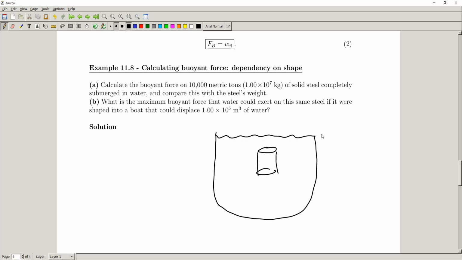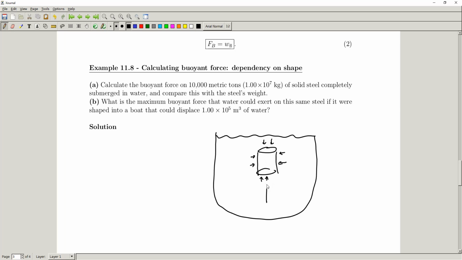So this is like water or something. Okay, so because the pressure increases with depth, and because this pressure is applying a force to all parts of the object that's being submerged, we're going to end up with a larger force because this bottom part is deeper.